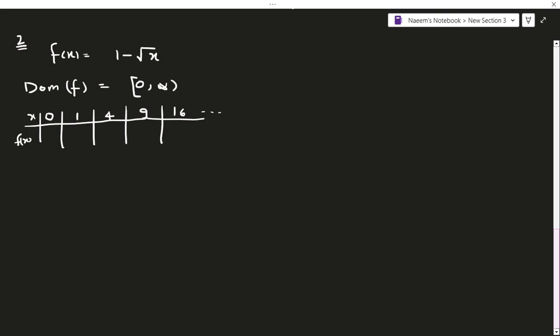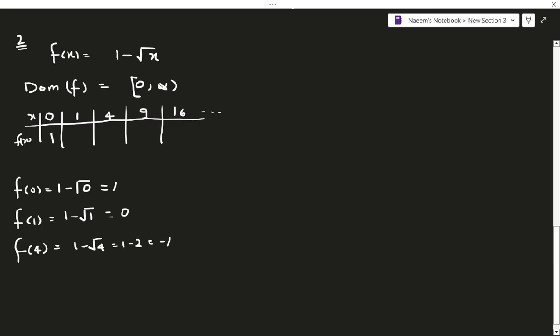So plug this f of x, f of 0, 1 minus square root of 0, it will be 1. F at 1, 0. F at 4, f at 16, 0, minus 1.